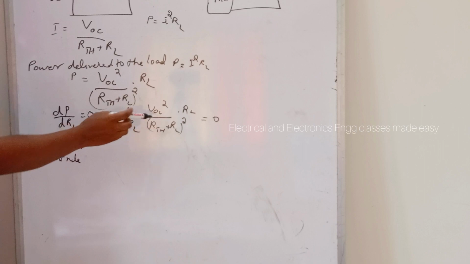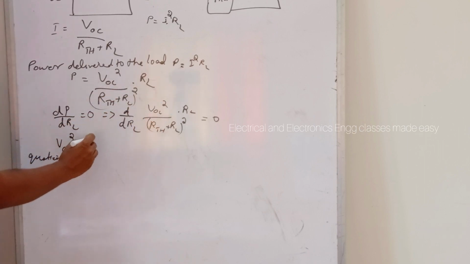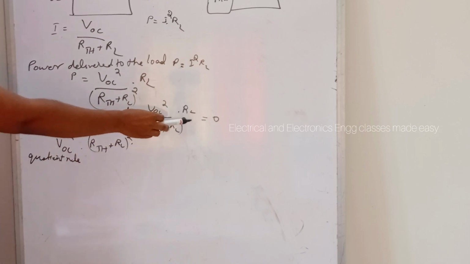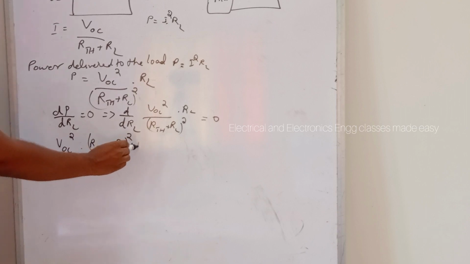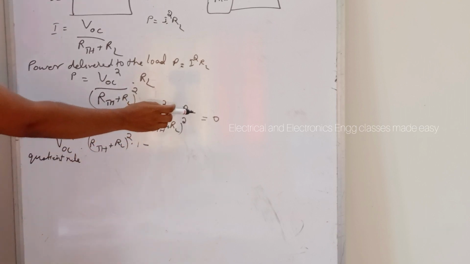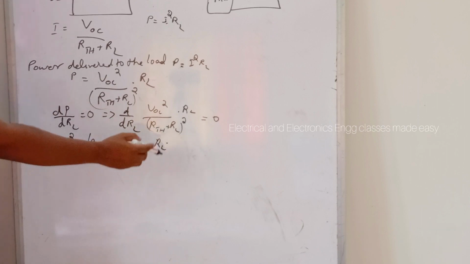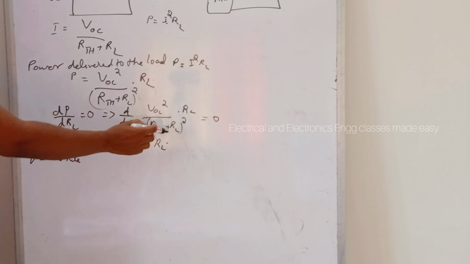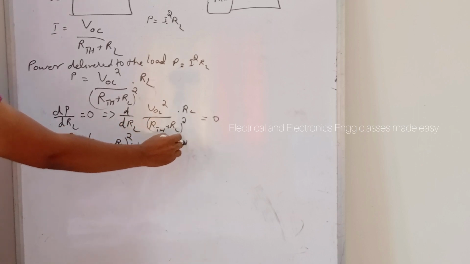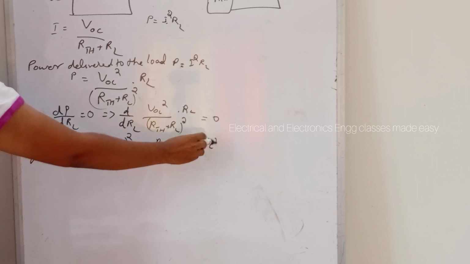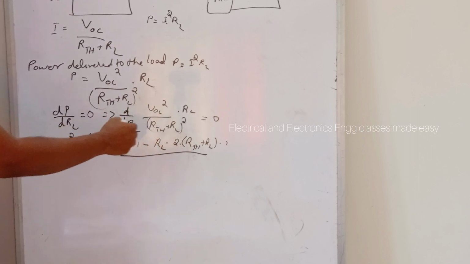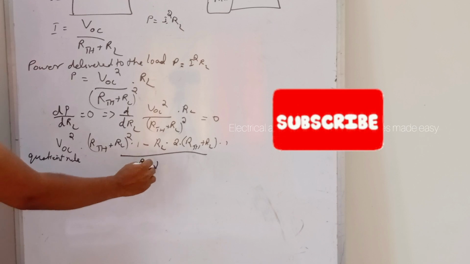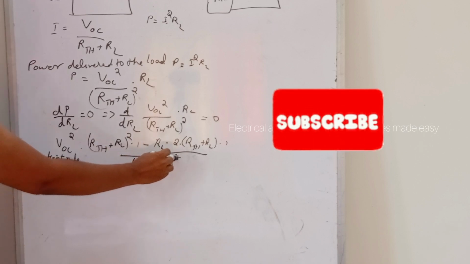We get denominator, that is RTH plus RL whole square, into the derivative of the numerator, that is the derivative of RL with respect to RL, which is 1, then minus numerator, that is RL, into the derivative of the denominator, which is 2 into RTH plus RL into 1, then divided by denominator square, that is RTH plus RL the whole raised to 4.